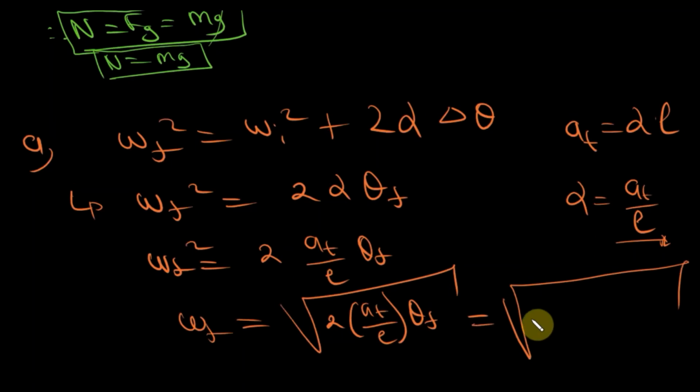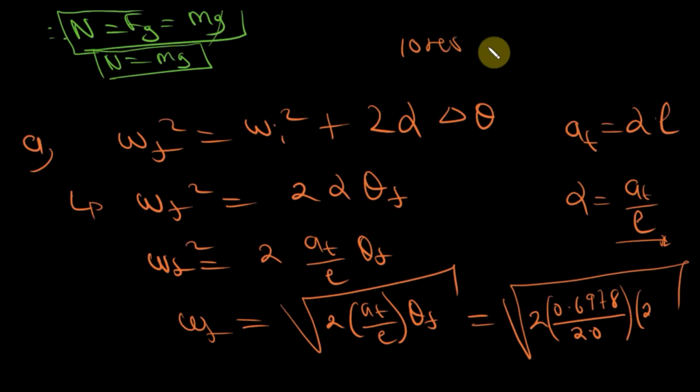Okay, substituting our values, 0.6978 divided by the length, which is 2.0, multiplied by, we need to convert 10 revs to radians.